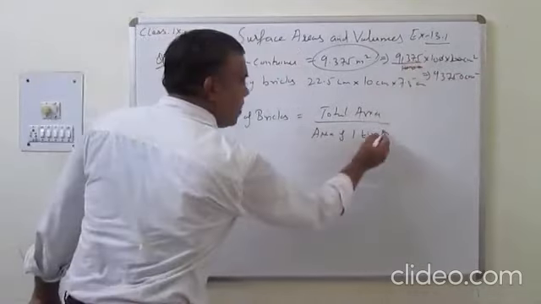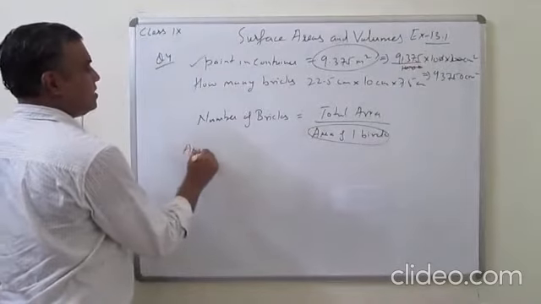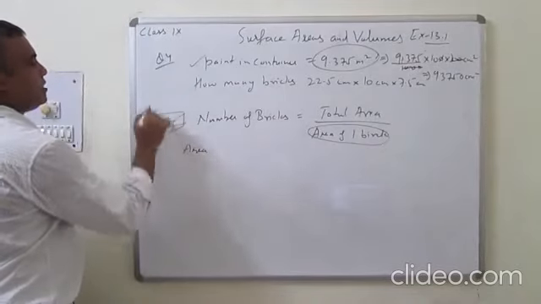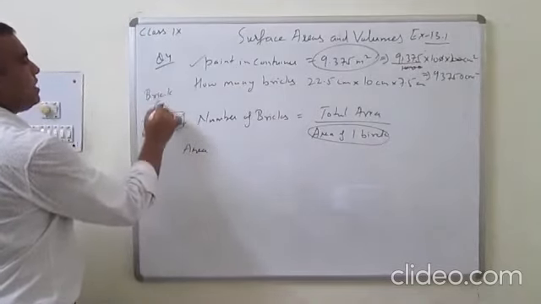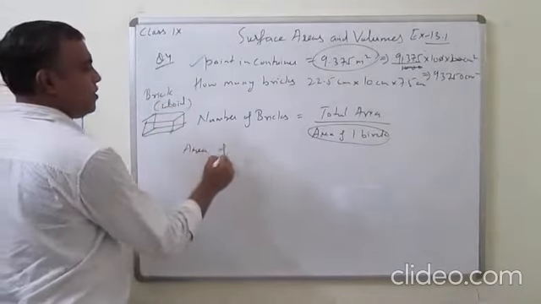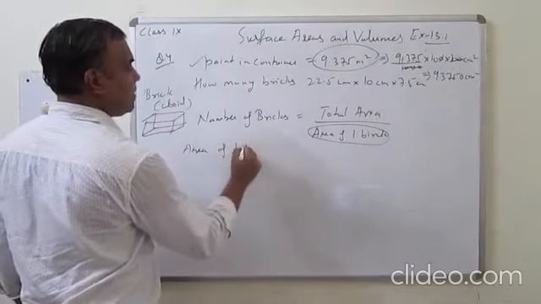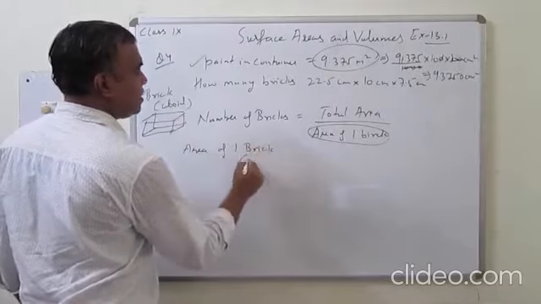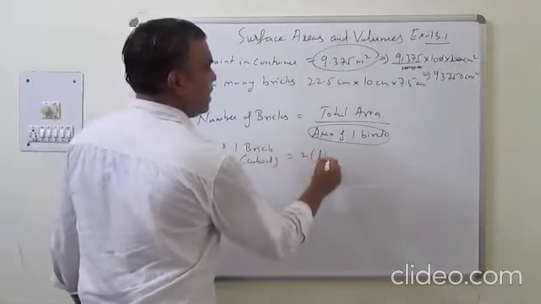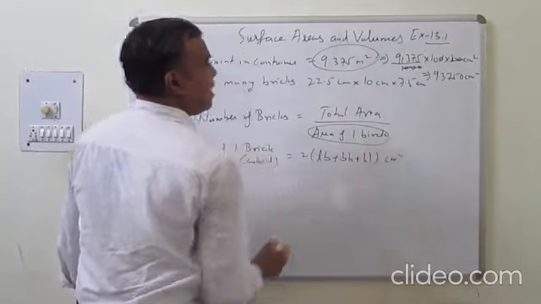Now we have to calculate the area of one brick. What is the shape of brick? The shape of brick is cuboid. So area of one brick, as the shape is cuboid, is 2(LB plus BH plus HL) centimeter square.